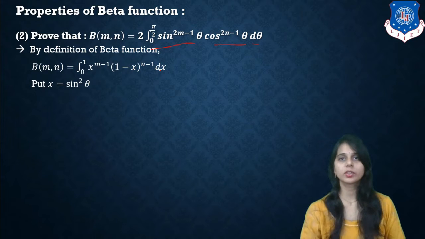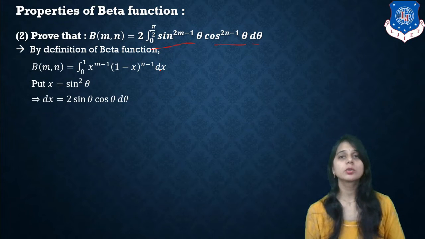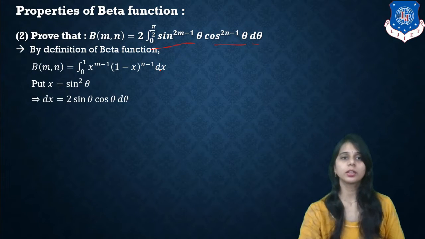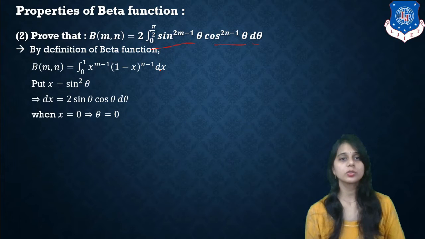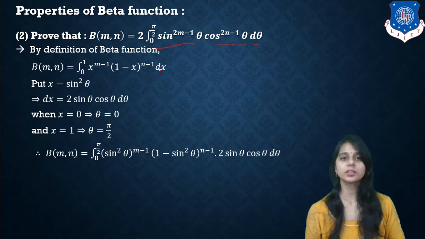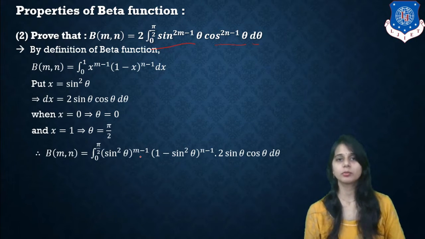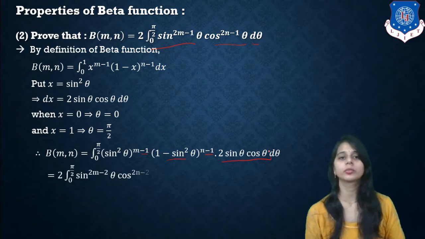Put x equal to sine square theta, so dx equals 2 sine theta cos theta d theta. When x equals 0, theta equals 0, and when x equals 1, theta equals pi by 2. So we say that beta(m, n) equals the integration from 0 to pi by 2 of (sine square theta) raised to m minus 1 times (1 minus sine square theta) raised to n minus 1 into 2 sine theta cos theta d theta.